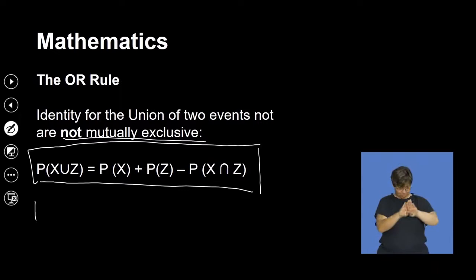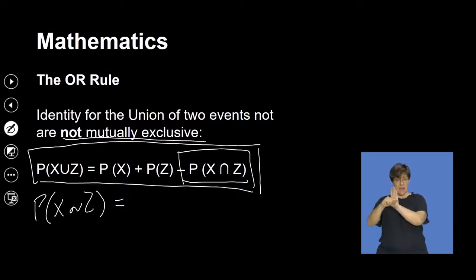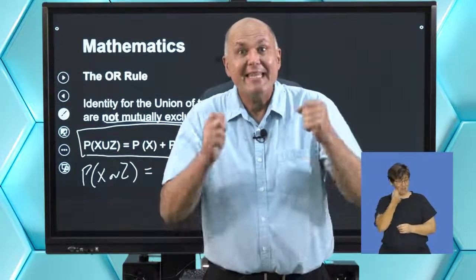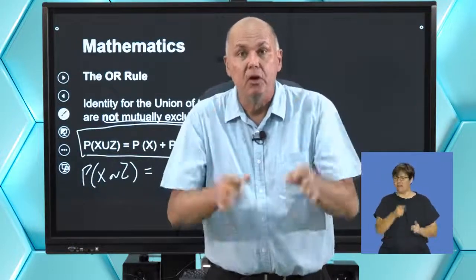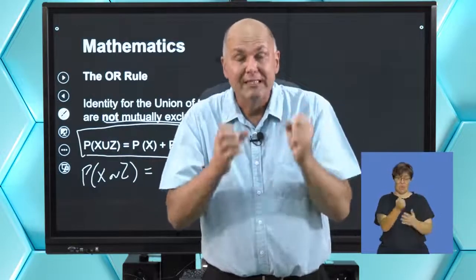We say the probability of x or z is equal to P of x plus P of z minus what's in the intersection. And that, boys and girls, ladies and gentlemen, is the most important rule for calculating the OR symbol.